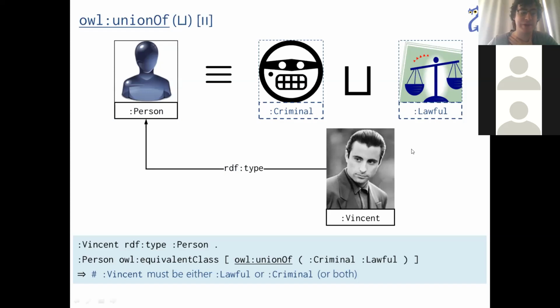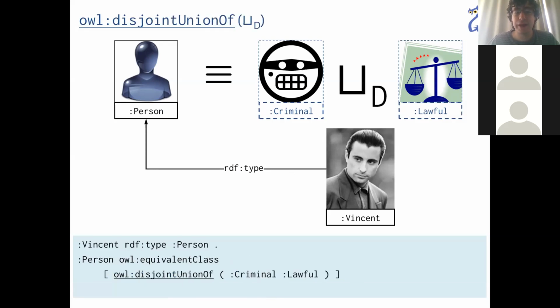It's quite similar to what we saw with the zebroid case. We know that one of the parents must be a zebra and one must be a non-zebra equine, but we don't know which. So there are now 2 possibilities we have to consider. But the fact that those possibilities exist is additional information from which we could conclude some other information. So in this case, we can infer that Vincent must be either lawful or criminal or both. But there's no direct way to write that down in RDF.